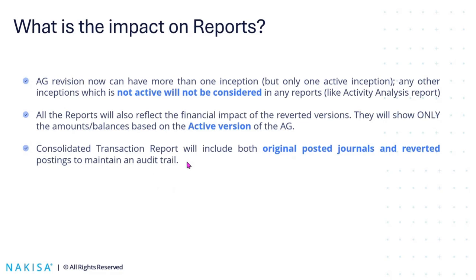Except in the consolidated transaction report, the user can see both the original posted journals and the reverted journals. I'll show you the example. This is done to maintain an audit trail and also for the user to do the reconciliation if required, and to see if the revert functionality worked as they wanted. And also in the connected mode, you will be able to reconcile with SAP.